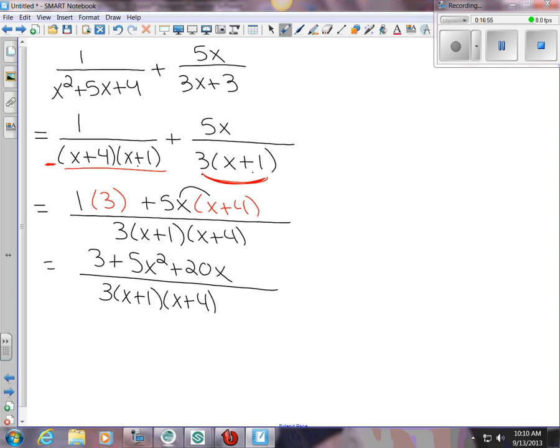Five x times x is 5x squared. 5x times 4 is 20x. And the last step is just to write that numerator in descending order. Okay? 5x squared plus 20x plus 3.